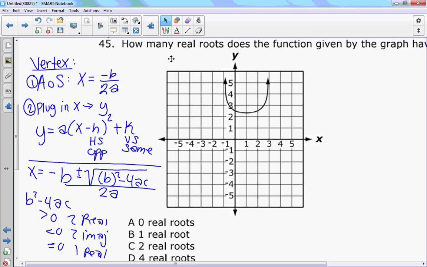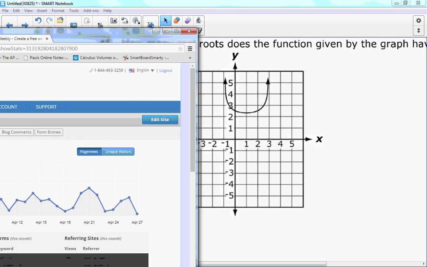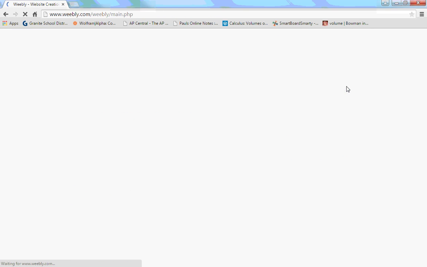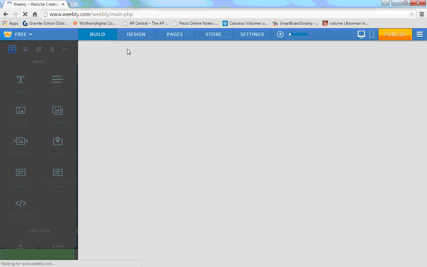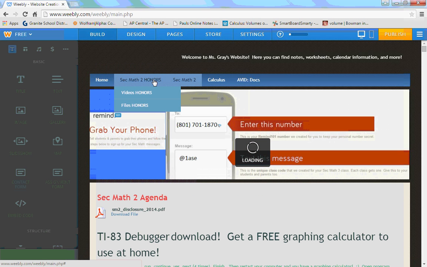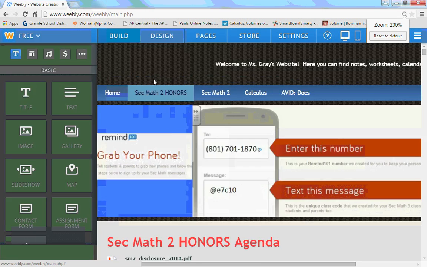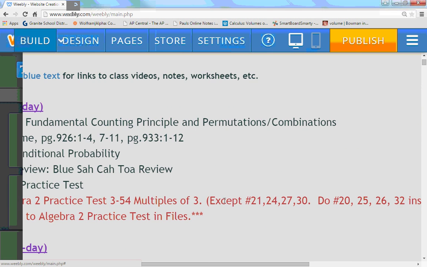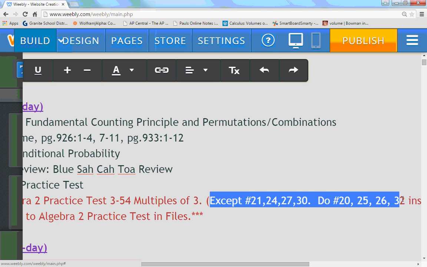There's homework. It's on my website, in case you run too fast. It's multiples of 3, except for a couple that I changed. Multiples of 3, except for these ones: number 20, 25, 26, and 32 instead.